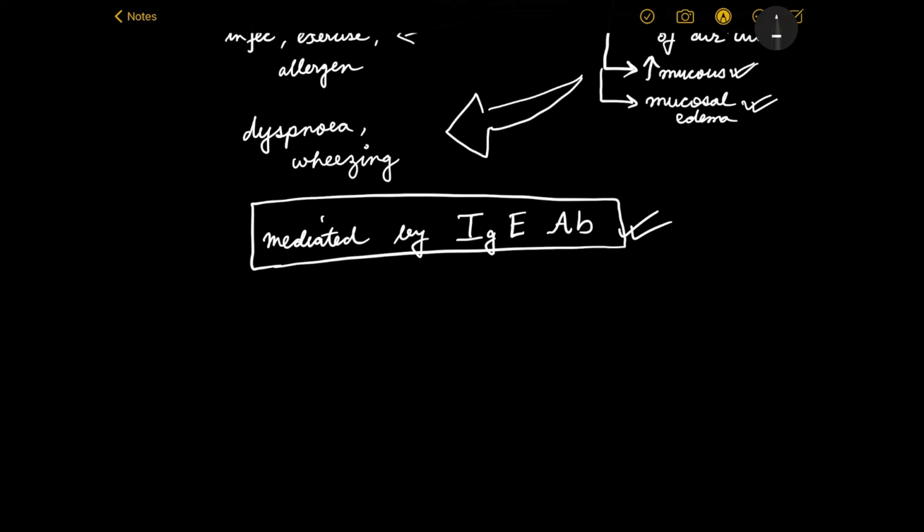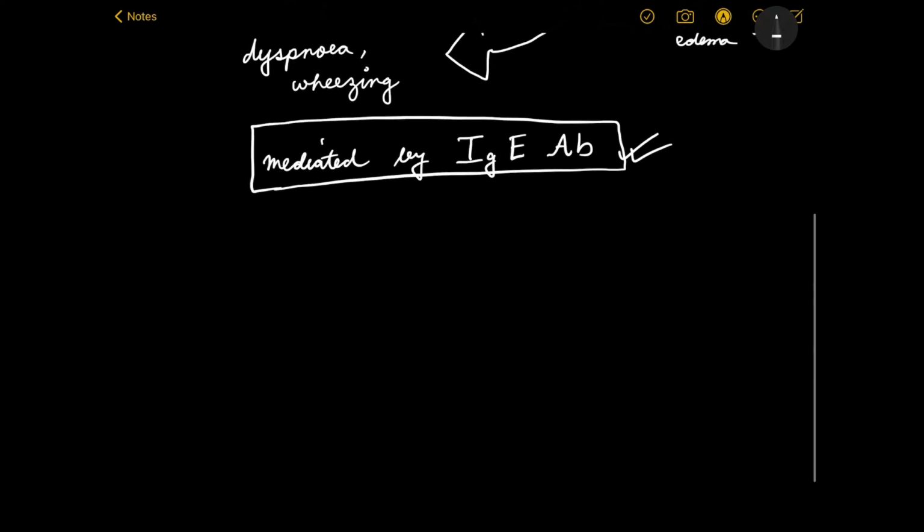Type 1 hypersensitivity is actually mediated by IgE antibodies, and since asthma is a type 1 hypersensitivity reaction, it is also mediated by IgE antibodies. Now, since we are to talk about the drugs which we are going to use for treating bronchial asthma, we have to understand how we are going to approach this condition.